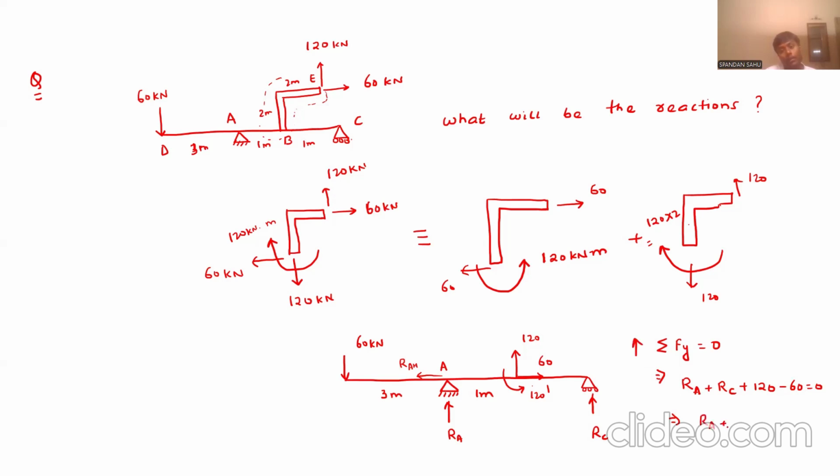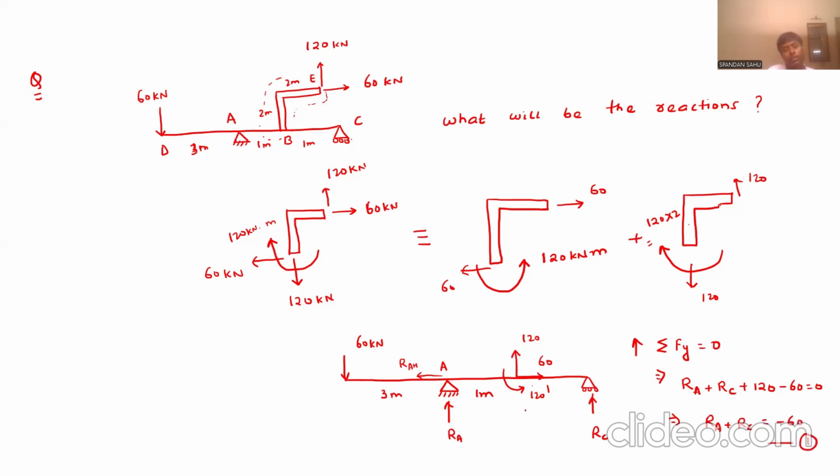So RA plus RC will be equal to 60 minus 120, which implies RA plus RC equal to minus 60 kilonewton.